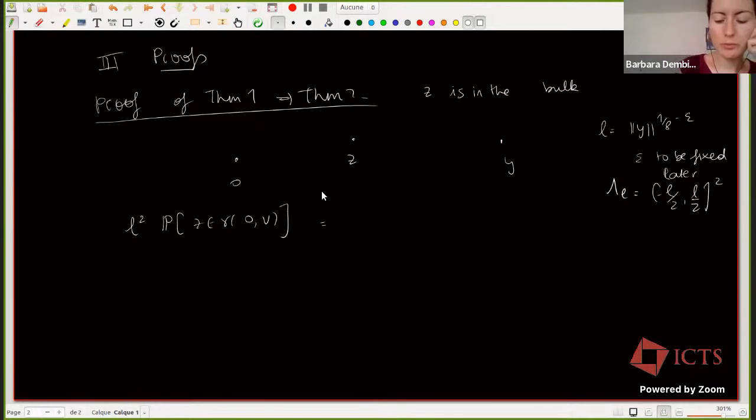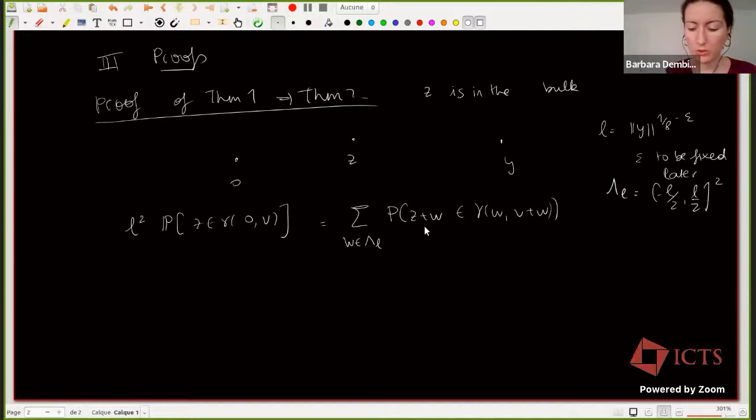So the first step is to use translation invariance. This is the same as summing over W in Lambda L the probability that Z plus W is in gamma, W to V plus W. So here I did really nothing, I just used the translation invariance. Any of these probabilities is equal to this just by translation invariance of the model.